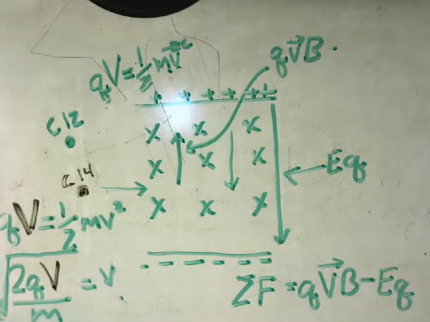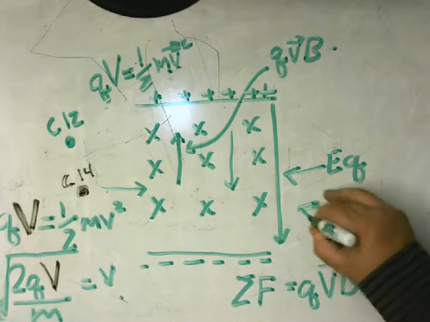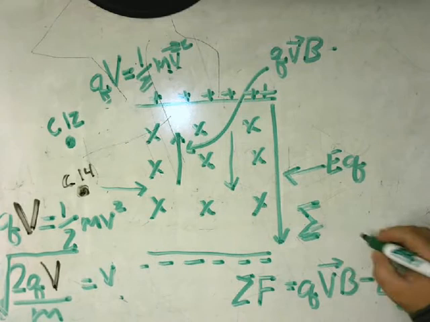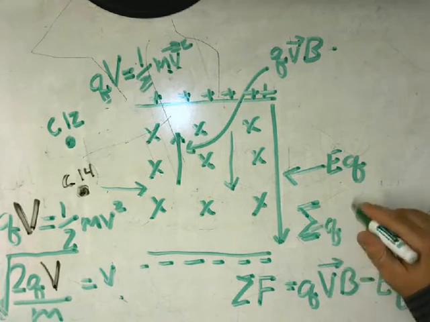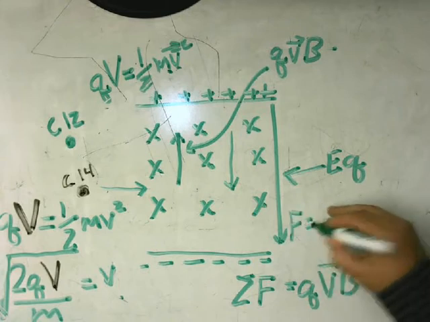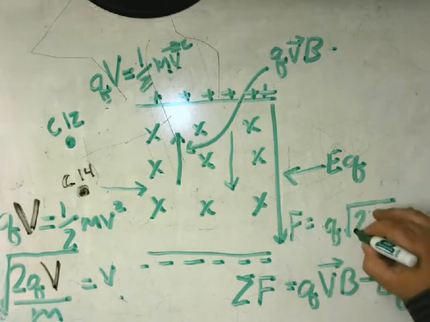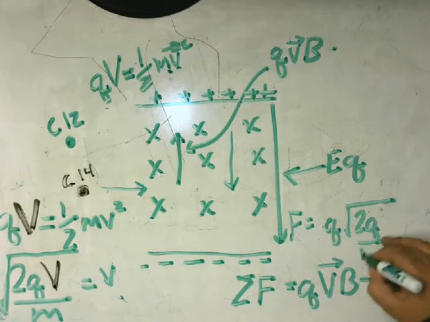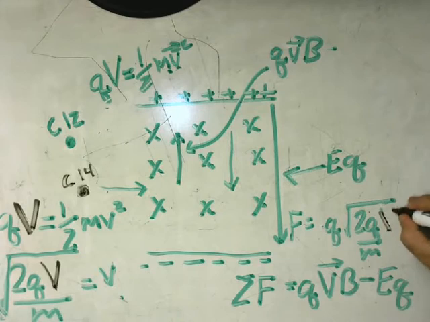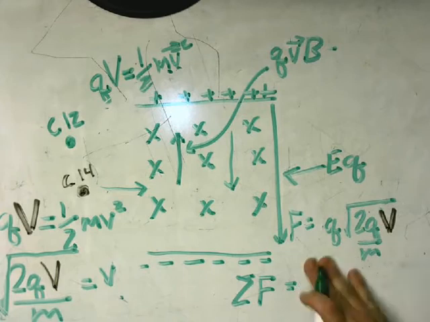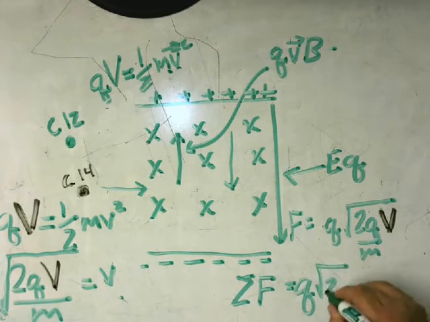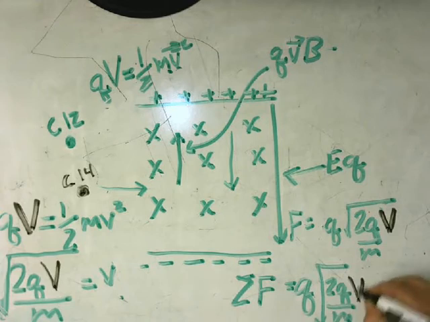So I can substitute back in there and say that the force that each object experiences is equal to Q times the square root of 2Q voltage over M, minus, 2Q over M, that whole thing square rooted, V, minus EQ. Okay? That is my velocity selector.